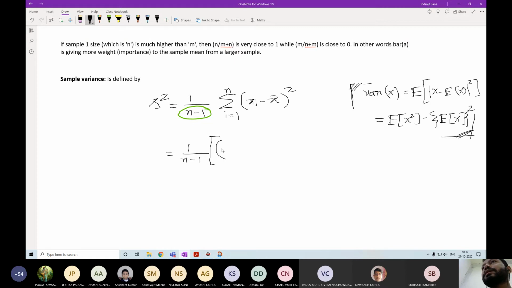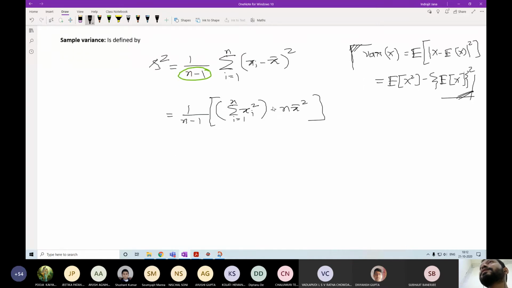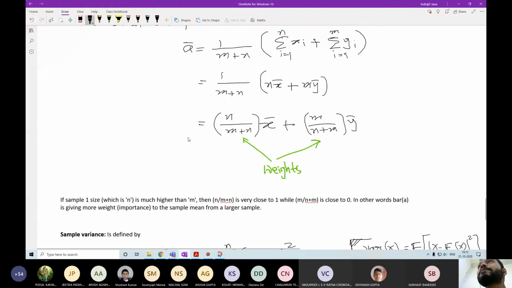So this is going to be the summation of xi square, i equal to 1 to n, minus n times x bar square. This could be an exercise: prove that the summation for i equal to 1 to n of xi minus x bar whole square is the summation of xi square minus n times x bar square. This is how you can calculate sample variance.